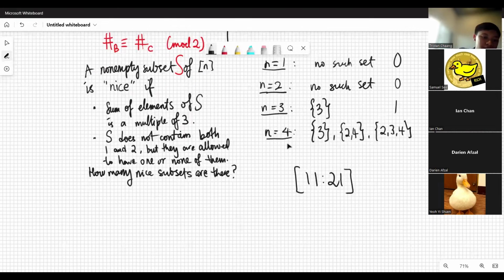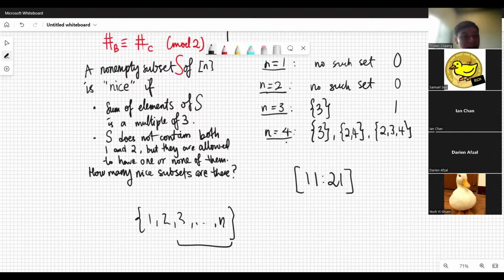So if we have 1, 2, 3, so on until n. The thing is, if we focus on the last n minus 2 elements, there is one and only one way to add in numbers here to make it a multiple of 3.